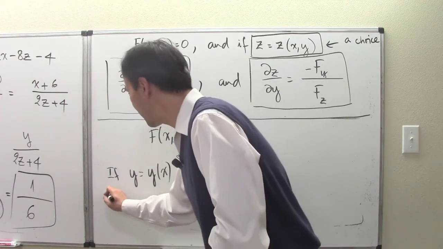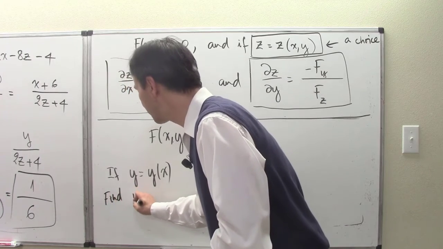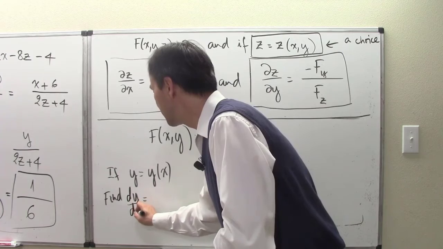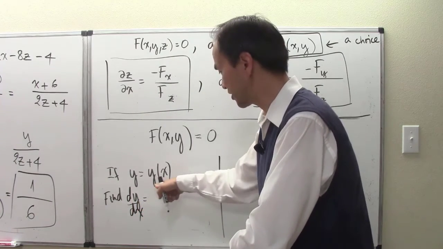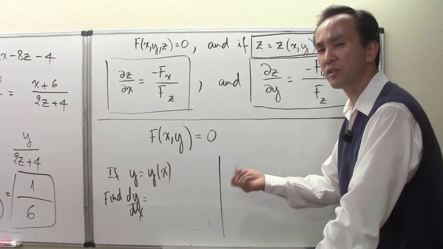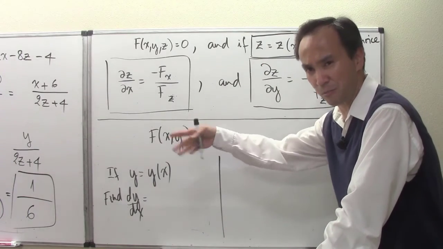Then we were asked to find dy/dx, and since it's just a function of 1 variable, there's no need to write the partial derivative notation. It's just the plain old derivative.